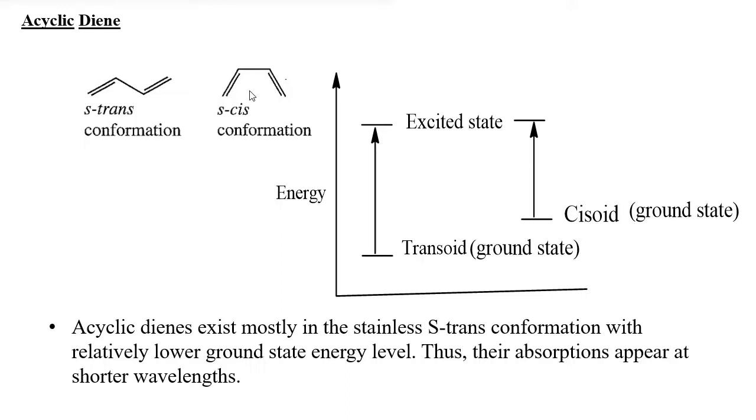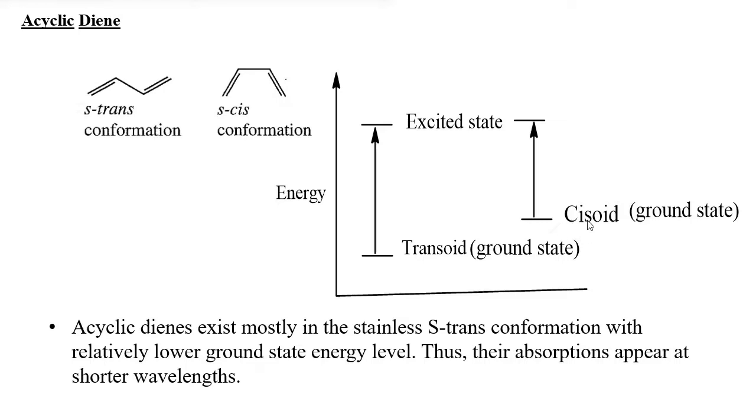Because of this electrostatic repulsive interaction, the energy of the ground state of cis conformation gets increased, and hence it will be less stable because of the higher amount of energy acquired by this repulsive interaction.